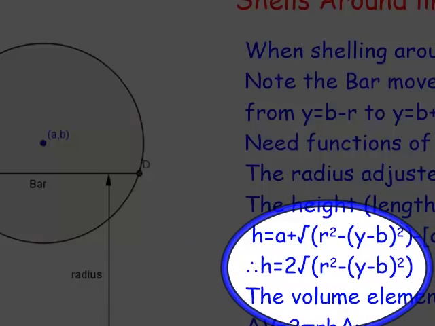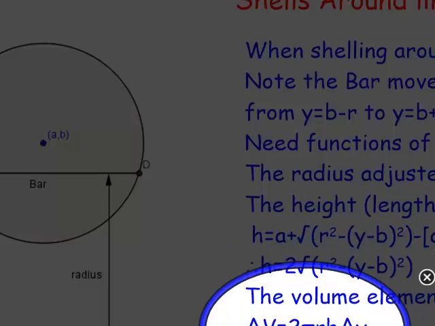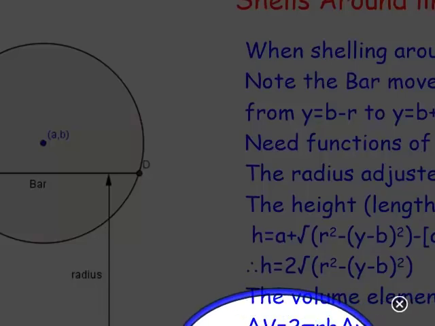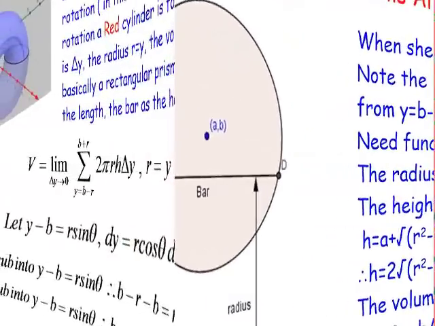There's a bigger circle, or ellipse actually in this case, but you can see here this is the actual length of the bar. Obviously we are developing everything from the shell volume, which is basically delta V equals 2 pi r h, in this case delta y, and you can see here we've actually worked it out. It helps us a little bit with our integration.